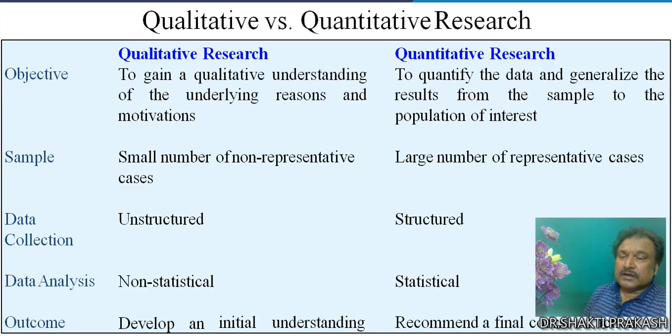Data collection is unstructured in qualitative research; in quantitative research, structured. Data analysis is non-statistical here, statistical there. Outcomes: develop an initial understanding. In quantitative research, recommend a final course of action. These are the simple differences which we can get.